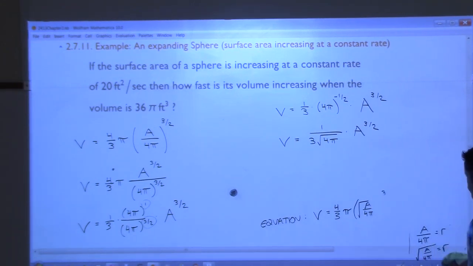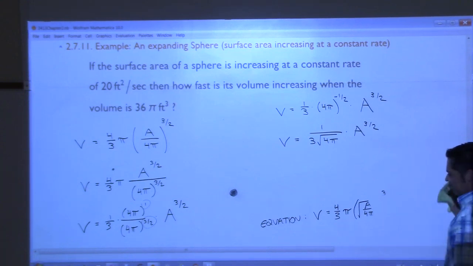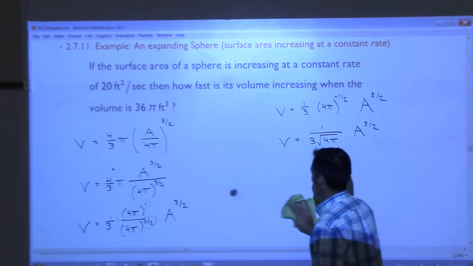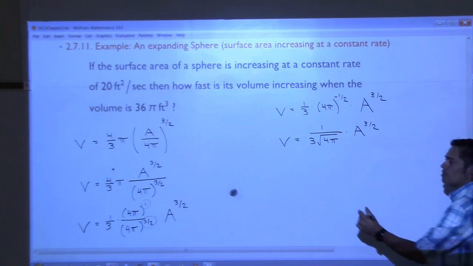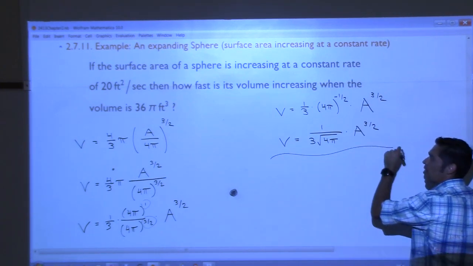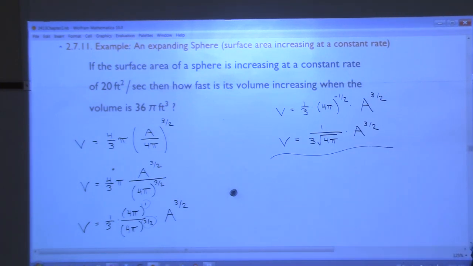Is this making you feel ill? Yes. Okay. Okay, now we have a cleaned up version of an equation that connects volume and area together. So now what I'm going to do is differentiate this. And I'm differentiating with respect to time, with respect to little t, because remember I wanted dV/dt and dA/dt, right? Those were the two things in the problem.